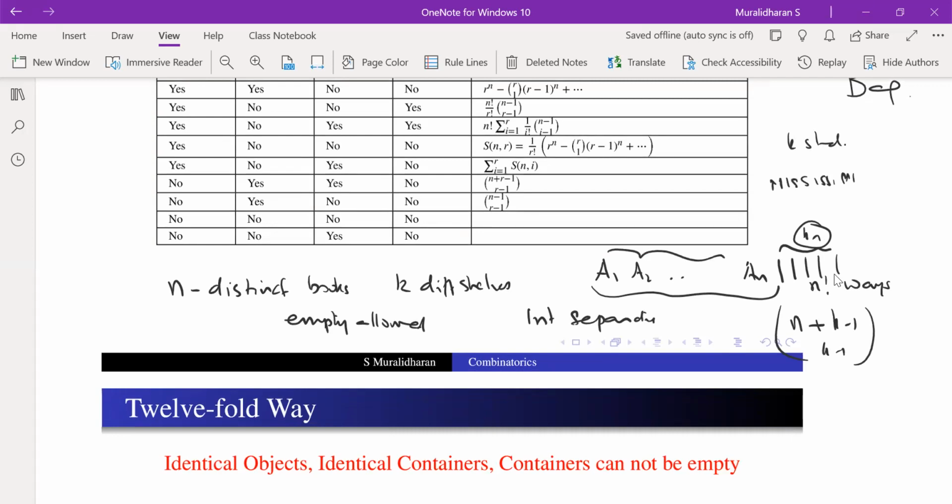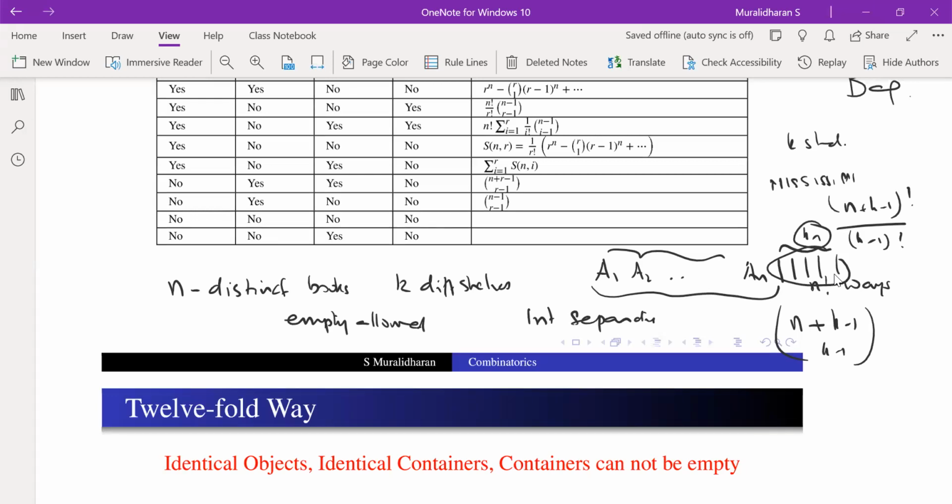Why is that? All the books are distinct, but these k minus 1 separators are identical. So I have n plus k minus 1 factorial divided by k minus 1 factorial, because these k minus 1 separators are identical.